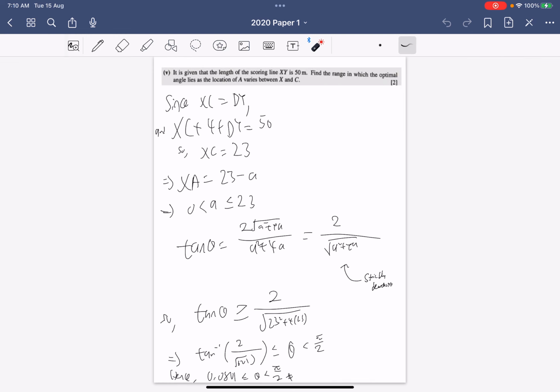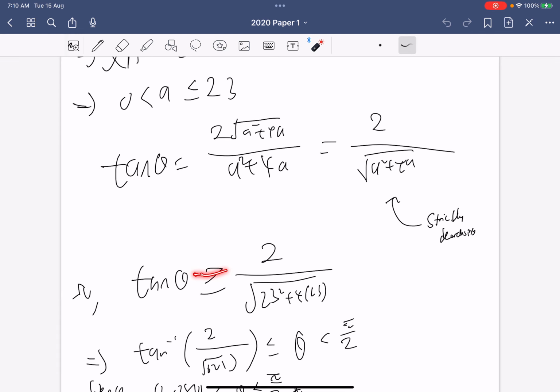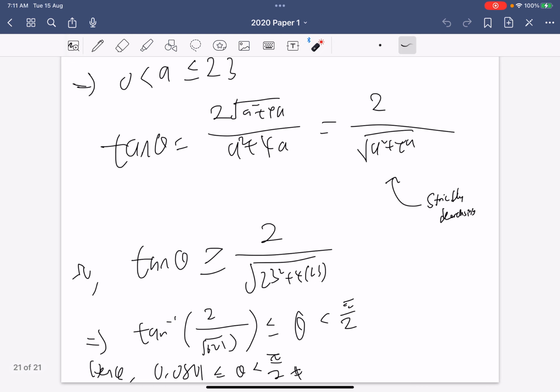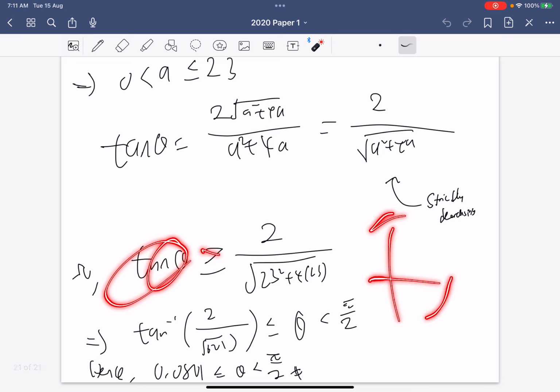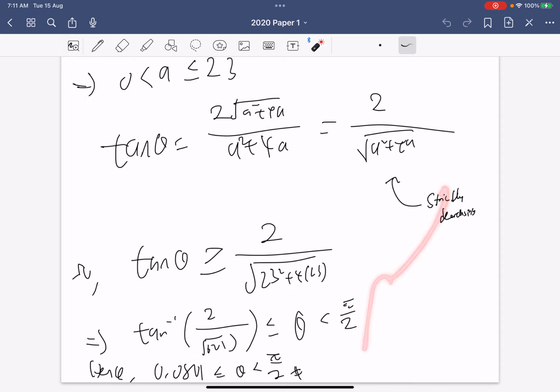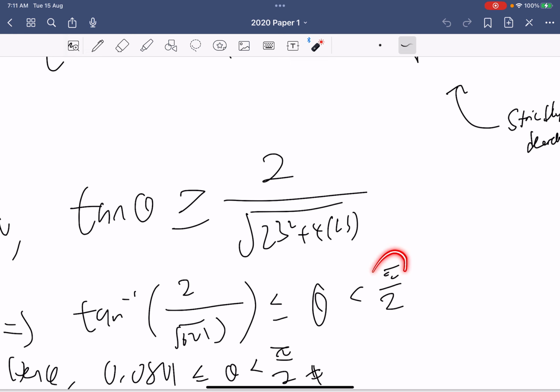This means that the smallest value of tangent is when a is 23, so tangent has to be larger than or equal to 2 over square root 23 squared plus 4 times 23, and the largest value is when a is 0, so it means it's unbounded at the end. So you just need to write the one-sided inequality, and then because tangent is also a strictly increasing graph, we just take tangent inverse of this whole thing.